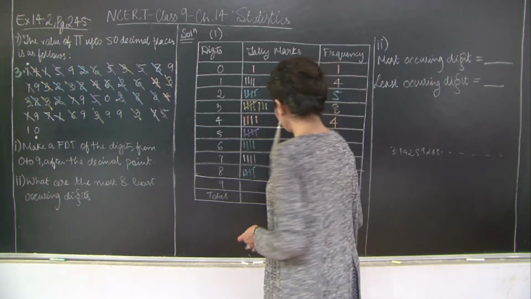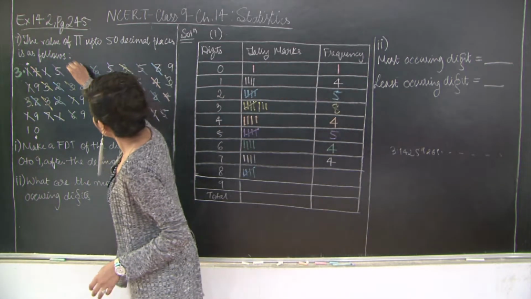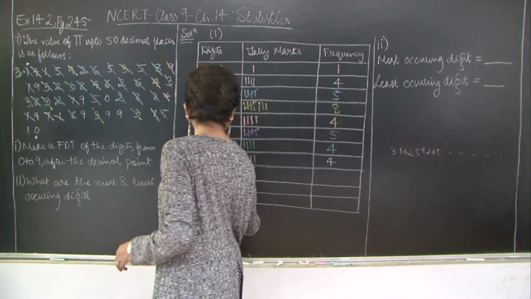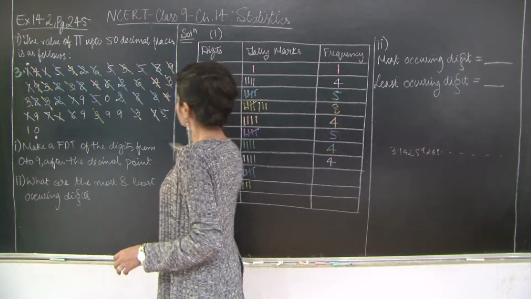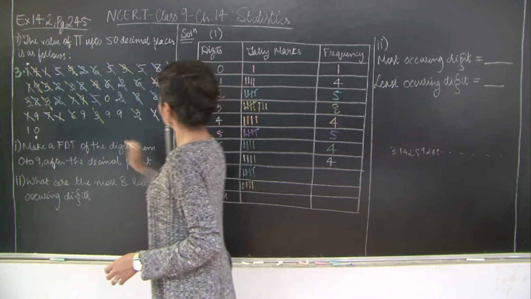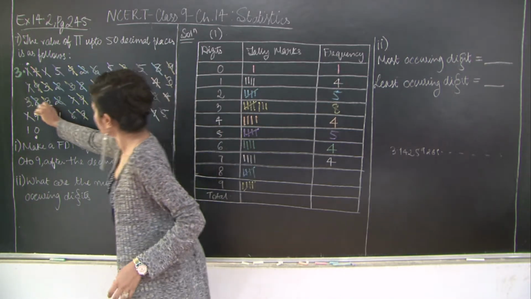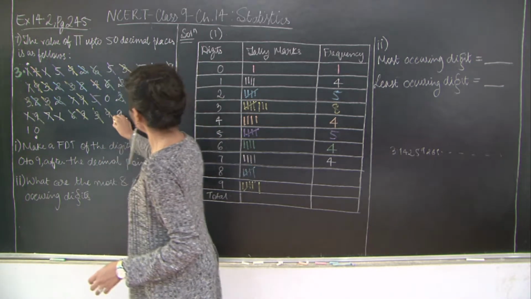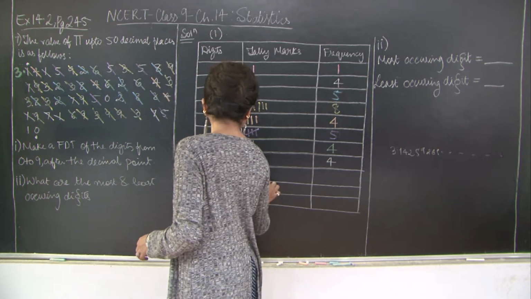How about 9? 1, 2, 3, 4, 5, 6, 7, then 8.